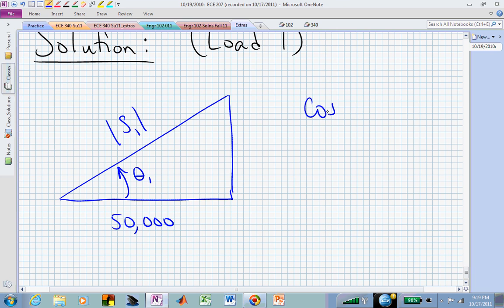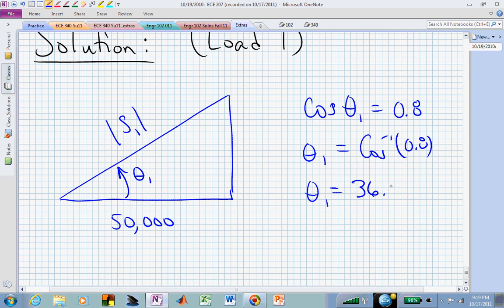Remember, we were told that the power factor of load 1, which is equal to cosine of theta 1, was 0.8. That allows us to write theta 1 is the inverse cosine of 0.8, or theta 1 is now 36.87 degrees.